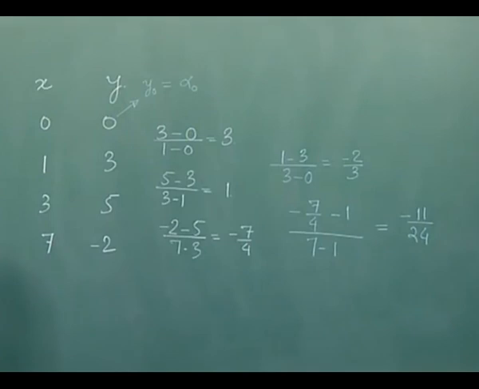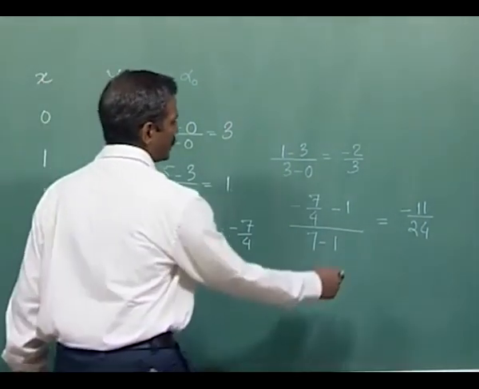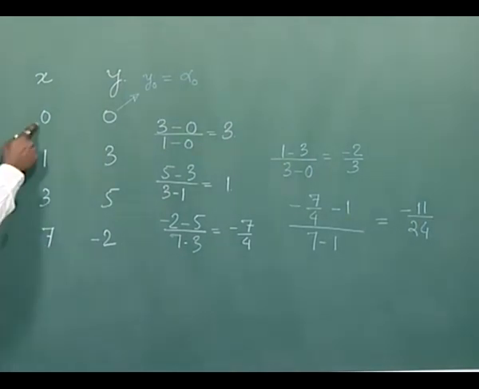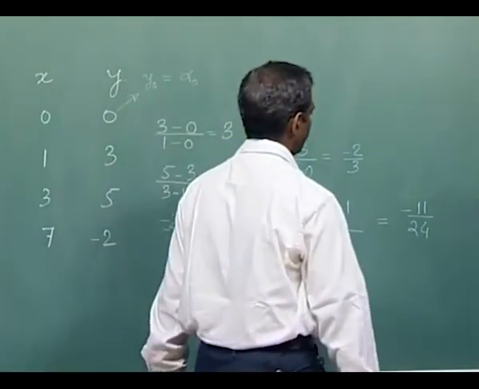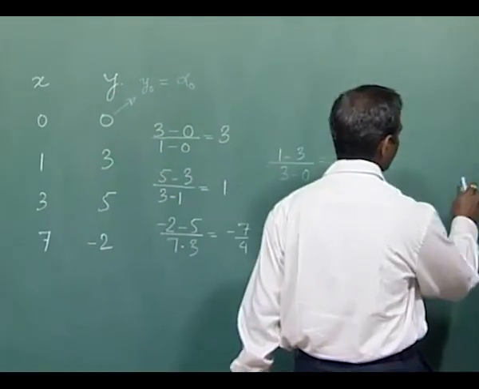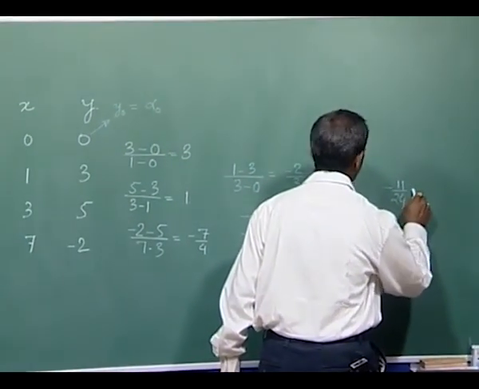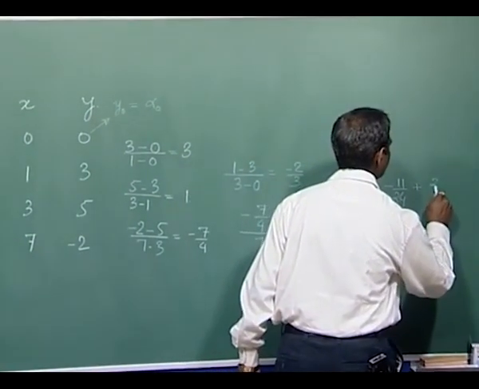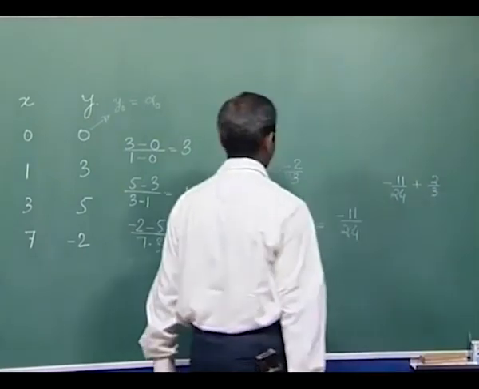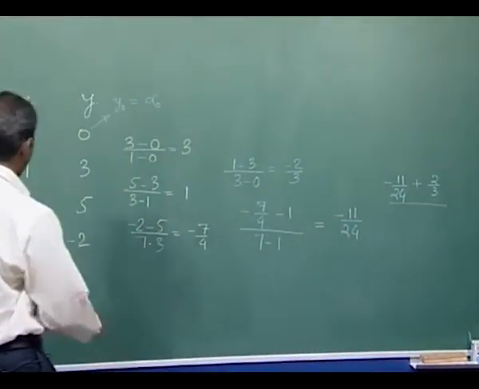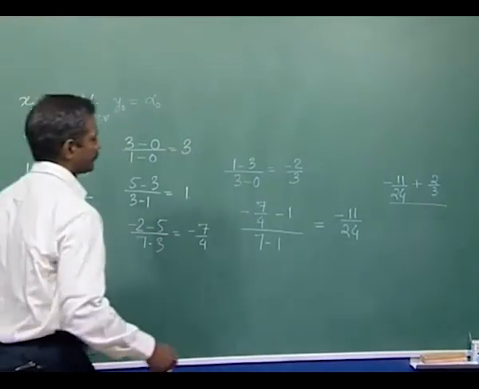And finally, I'll use these two numbers and I'll use the entire interval, the first entry and the last entry. The corresponding divided difference will be minus 11 over 24 plus 2 over 3 over 7 minus 0.